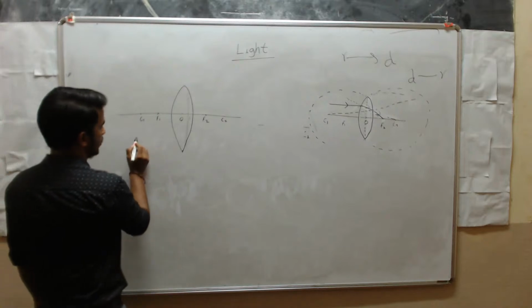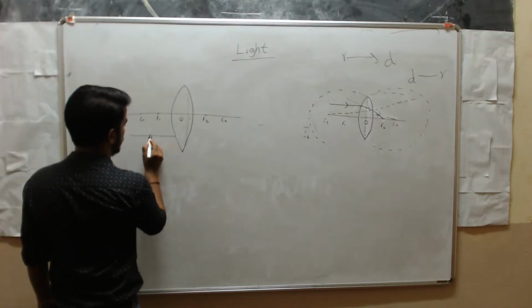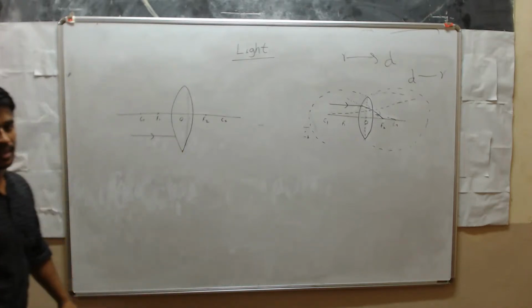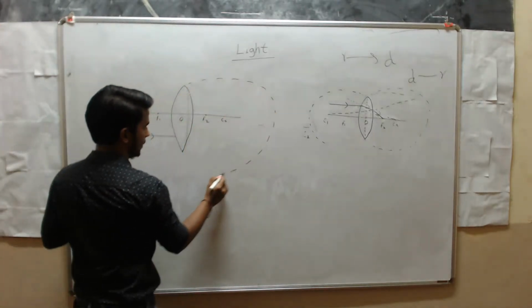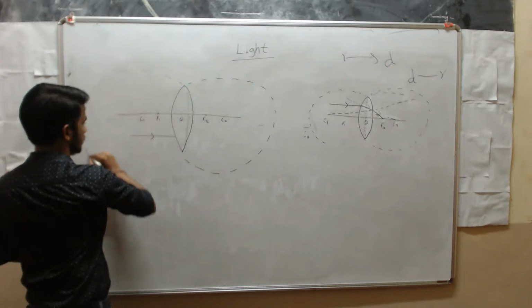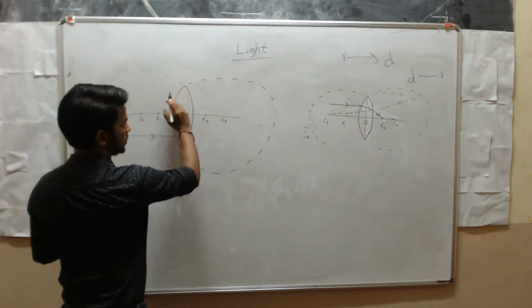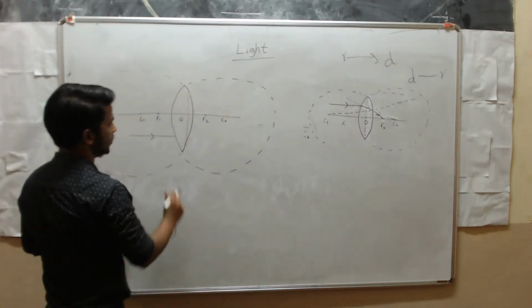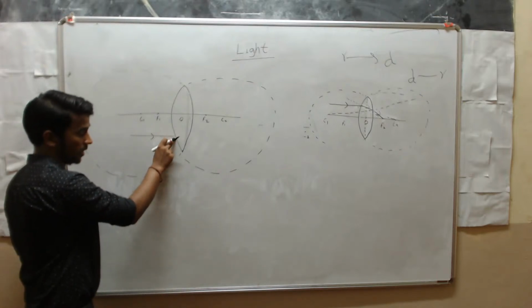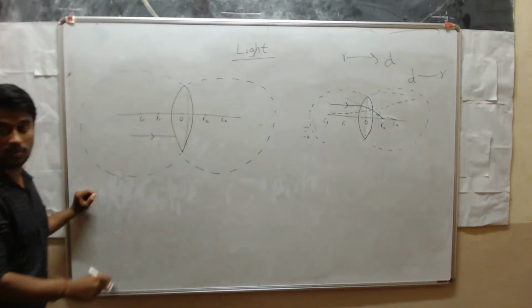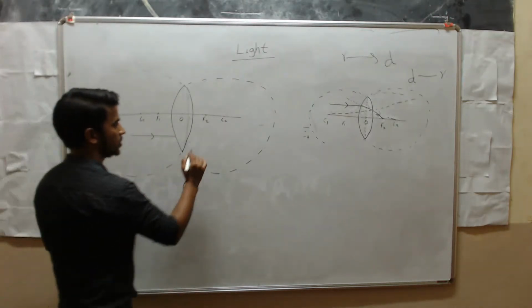Now I will pass a ray of light here. This is the incident ray. This portion is a part of this side circle, right? The incident ray strikes here, so at this point of incidence we should draw the normal from center C2.